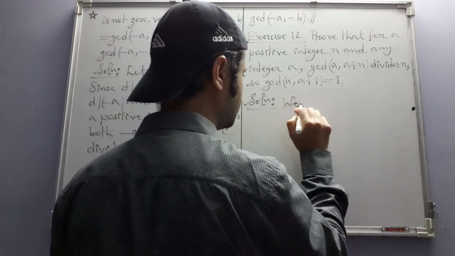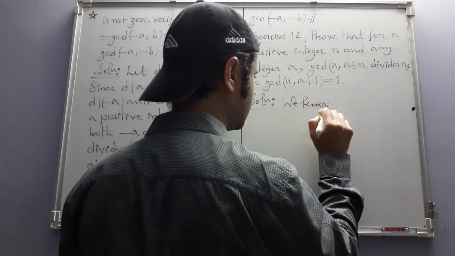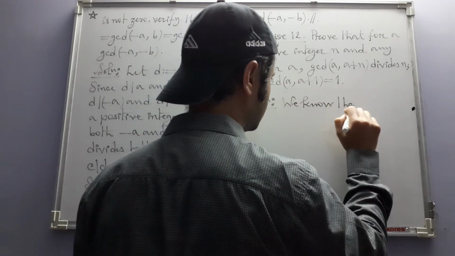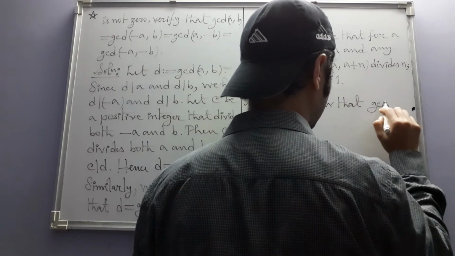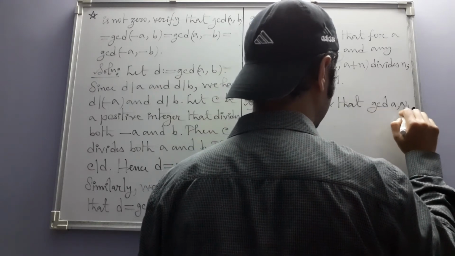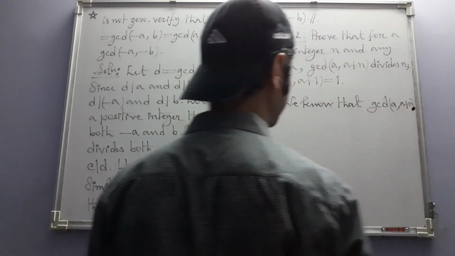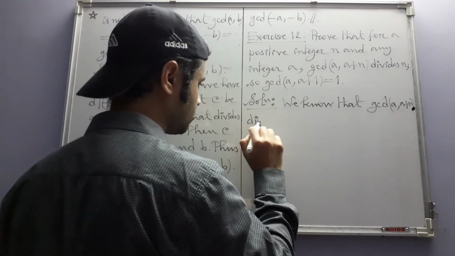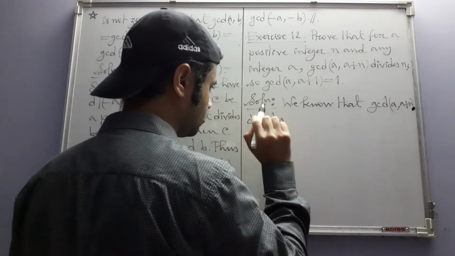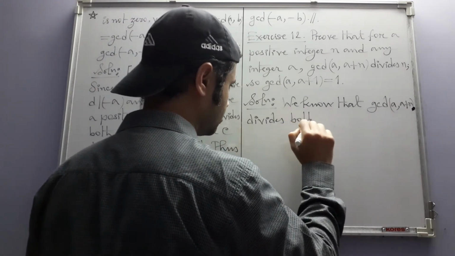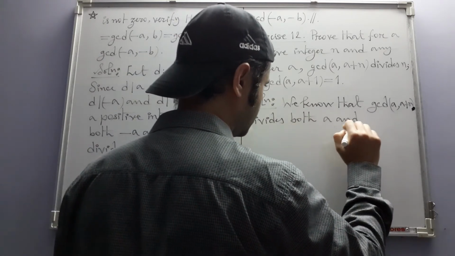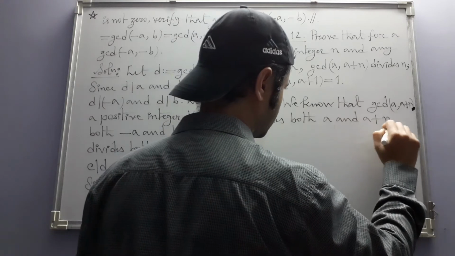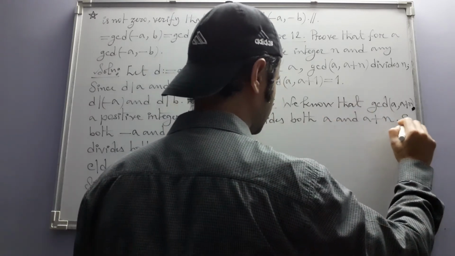We know that the greatest common divisor divides both the integers a and a plus n.